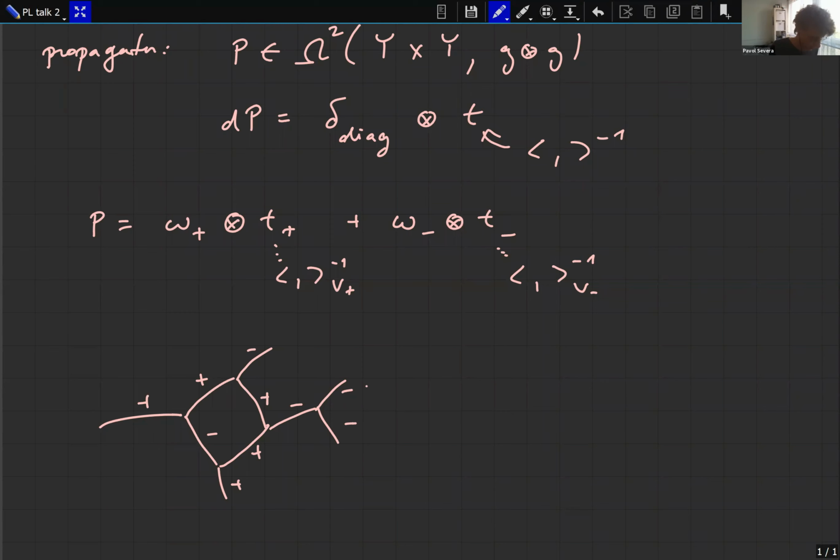So for each such diagram, we put omega plus on each edge with plus, or omega minus on each edge with minus, compute the integral, and then also compute the corresponding expression in the Lie algebra, putting T plus on each plus edge and T minus on each minus edge.